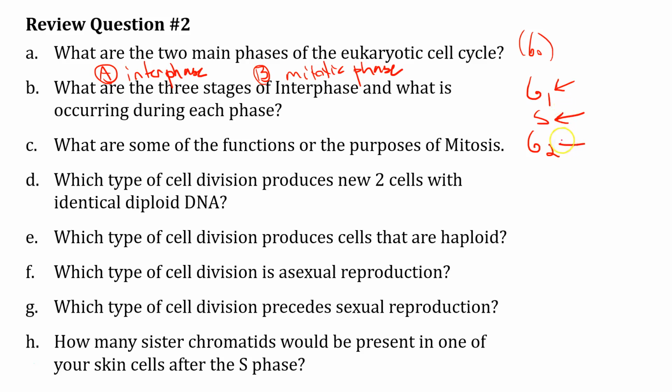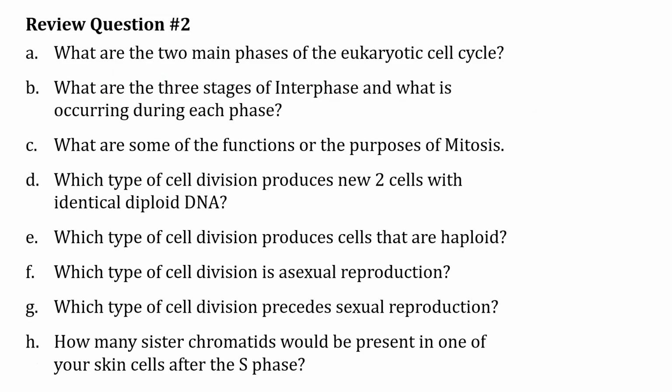So in G2, we're going to duplicate the organelles and also replenish all of the energy that was lost in the S phase. So keep those in mind. Could you differentiate which one is which? If I gave you a little prompt and told you a little detail, could you tell me if it was G1, S, or G2?